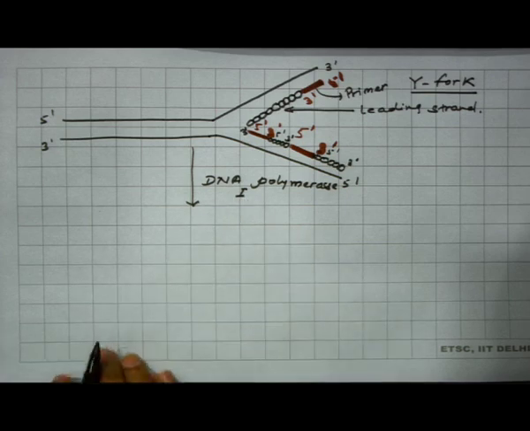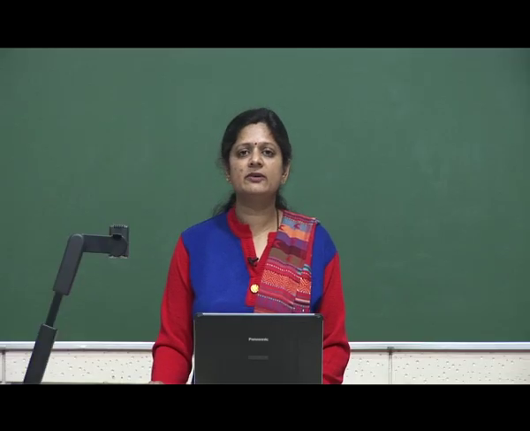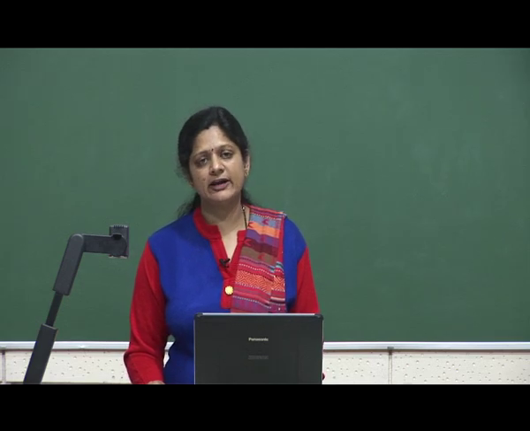DNA polymerase 1. In case of bacteria, in prokaryotic cells, there are 5 types of DNA polymerase. They are DNA polymerase 1, DNA polymerase 2, DNA polymerase 3, DNA polymerase 4 and DNA polymerase 5.